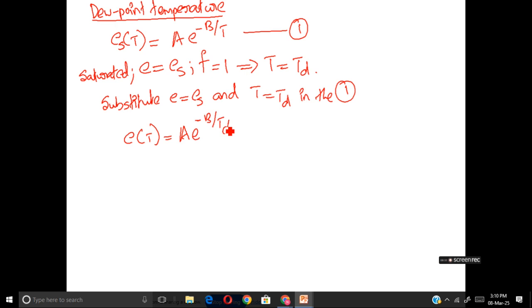We substituted Es instead of E and TD instead of T. Now if we take the logarithm on both sides, it will become log Es is equal to log A minus B by TD.